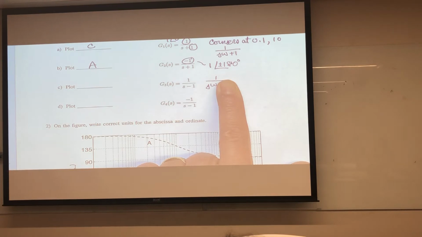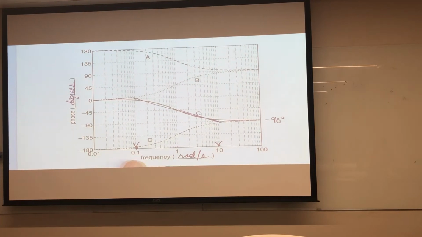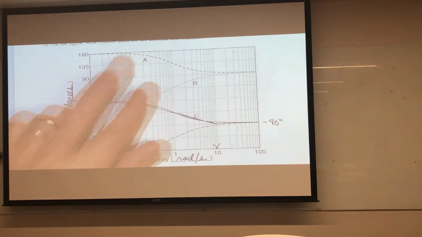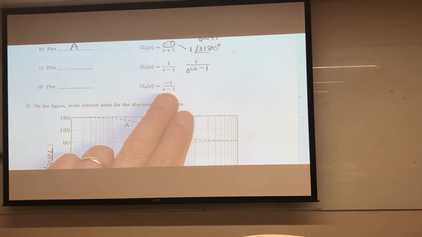So the phase is minus 90 degrees. So I'm going to guess that it's this one. When omega is large, it goes here. We might try an intermediate number in here. Try some frequency point here, like omega equal to 1.